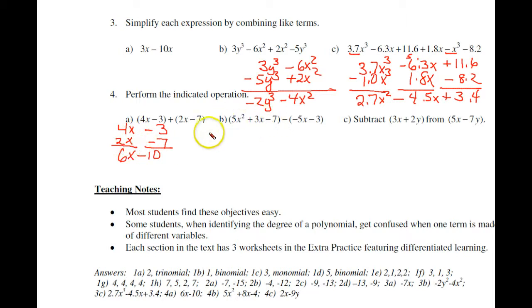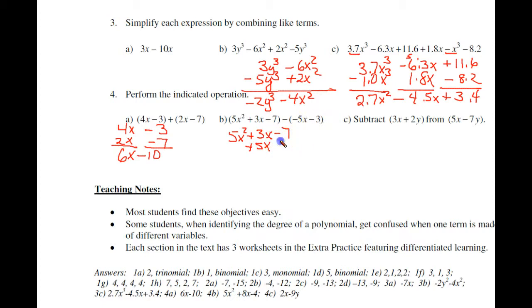All right, this one is going to be critical. I'm going to write the top one. 5x squared plus 3x minus 7. Now notice it has a negative sign there. We had said when you have a negative before a parenthesis, take away the parenthesis and just change these signs. So this is going to become a plus 5x.